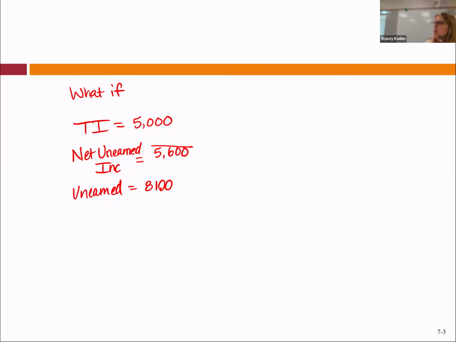Okay, so we subtracted the 2,500 from that and we were left with 5,600. What would we do now? Should we do something like that?